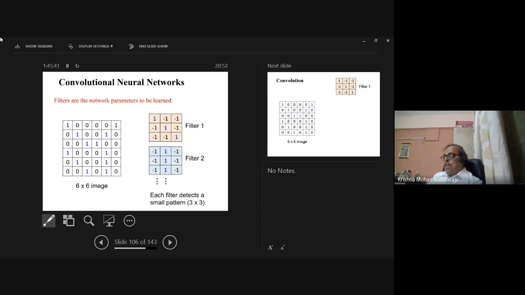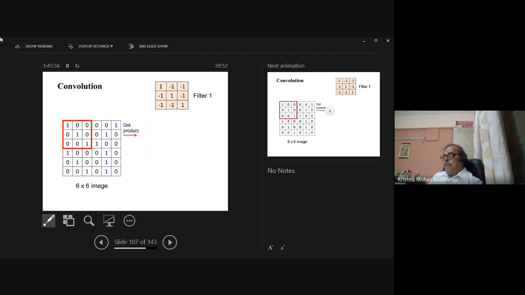For those who are particularly from non-electrical engineering, of course, it's organized by electronics and communication, so I'm assuming everybody knows what convolution is. It's a weighted summation of the filter coefficients with image pixels.